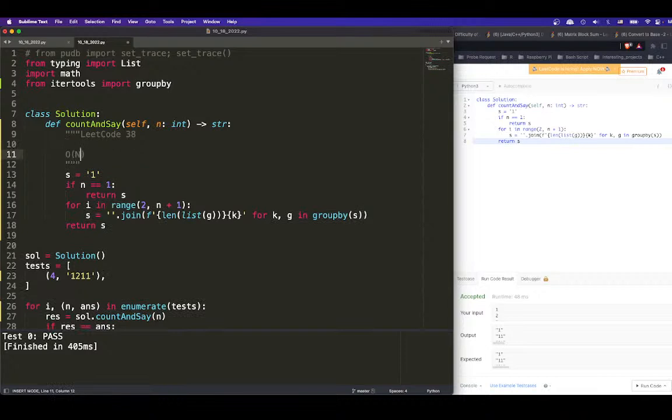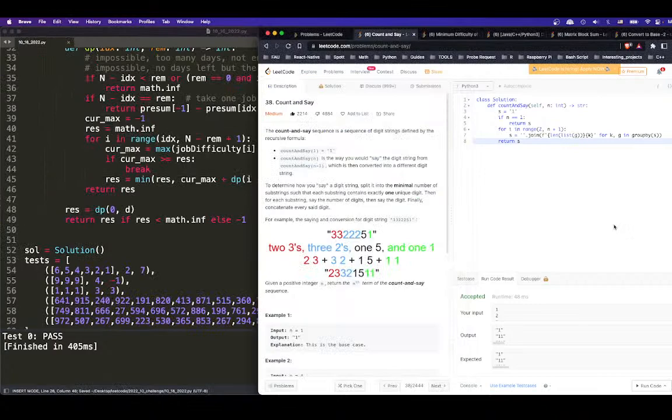I call it O(1) squared, right? Actually, no. We don't know how long this one is, so I'd rather not say. All right, so this one's done.